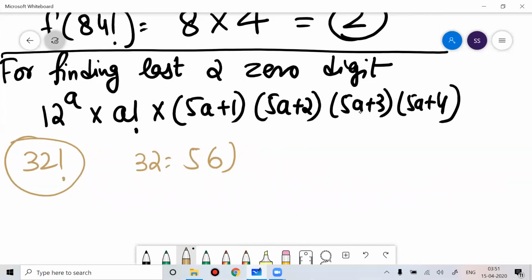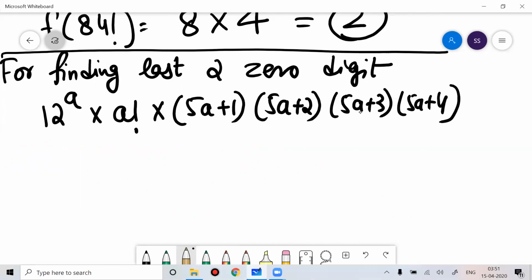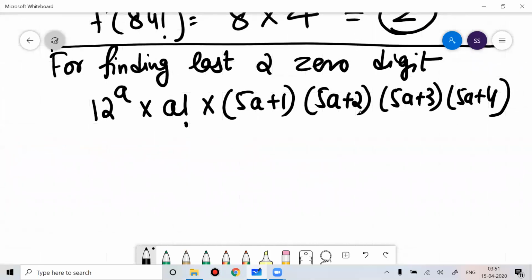I hope you understood this. Now going for 84 factorial. I can write 84 as 5 into 16, that is 80, plus 4. So 84 factorial, you can write as 5 into 16 plus 4.